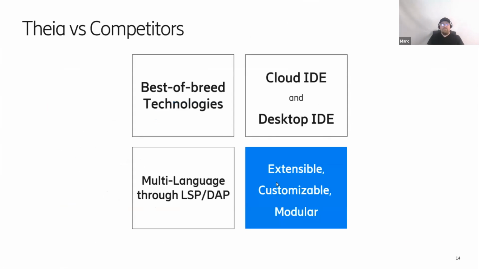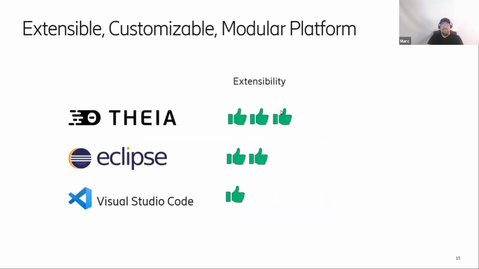And I think this is where today maybe Theia shines in its extensibility, customizability, modularity. I guess the main difference between Theia and VS Code in this case is that VS Code is an application, and Theia aims to be a framework, a platform to develop many IDEs. So the challenges are a bit different.